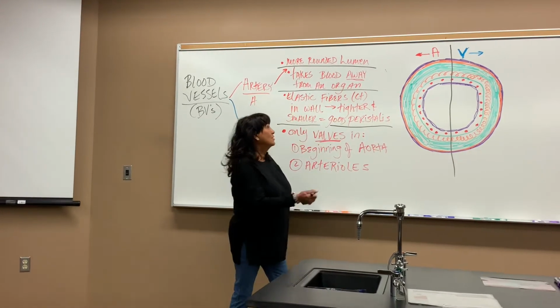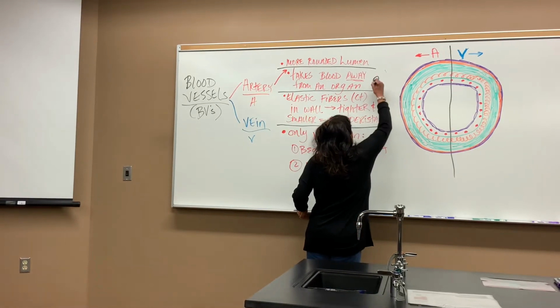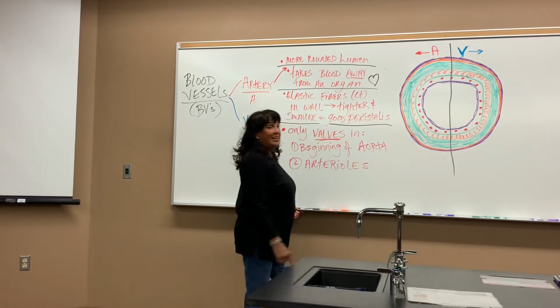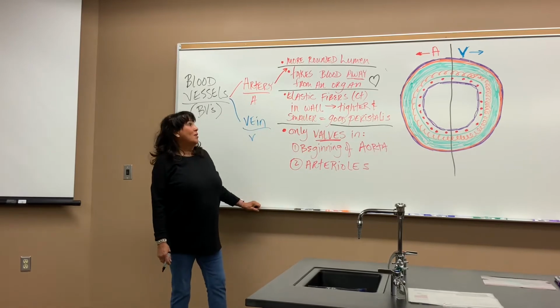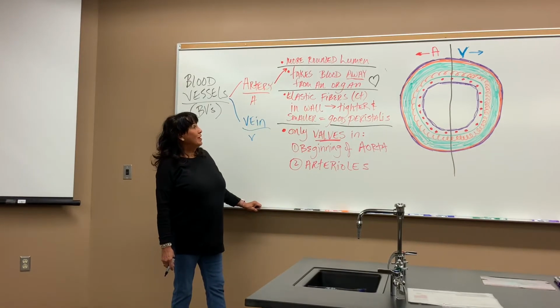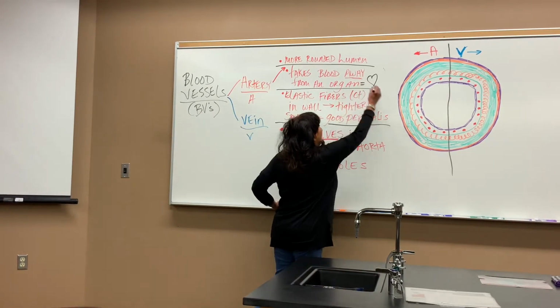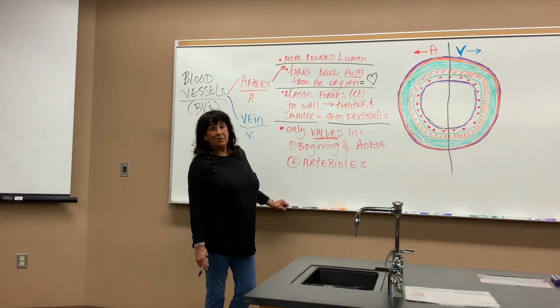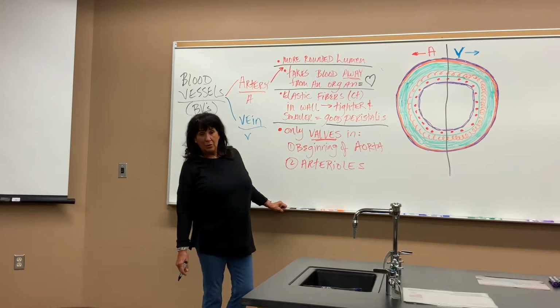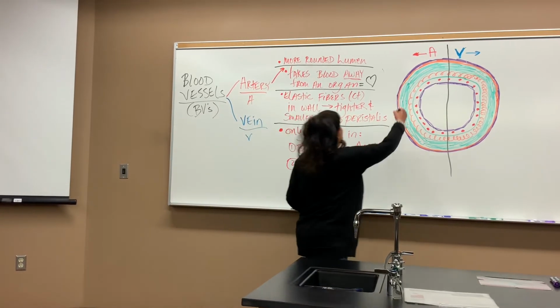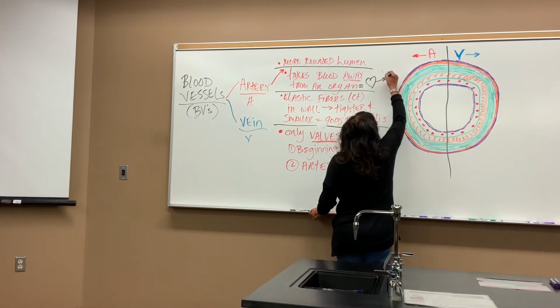So it takes it away from the heart. And on that statement, takes blood away from an organ, which equals the heart, arteries are going to take it into another organ, okay?